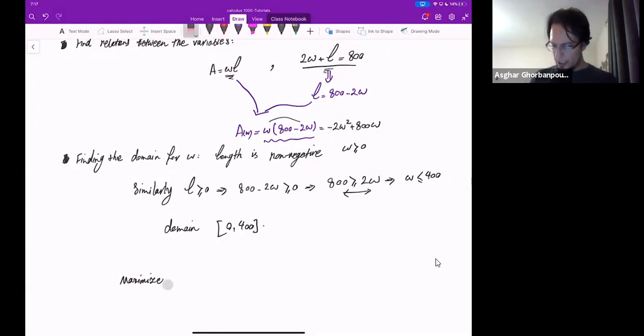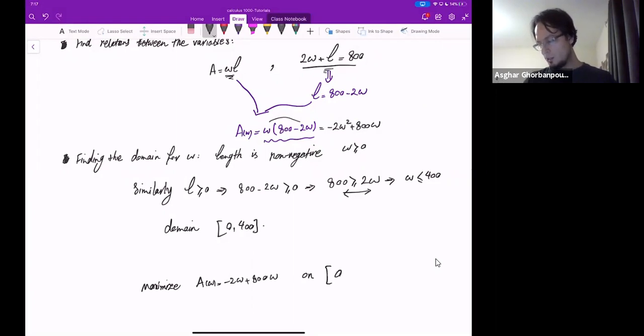So we are trying to maximize the function A(W), which is negative 2W squared plus 800W on the interval 0 to 400.